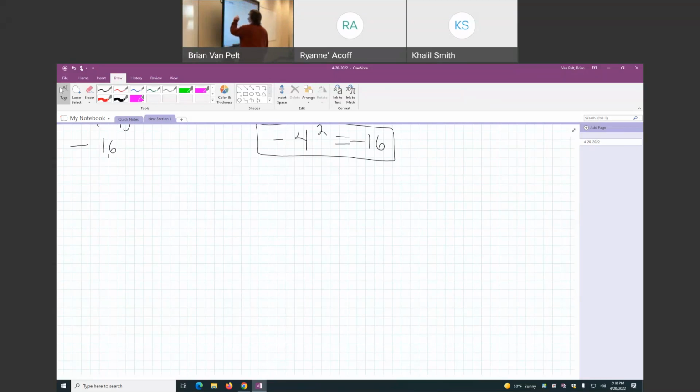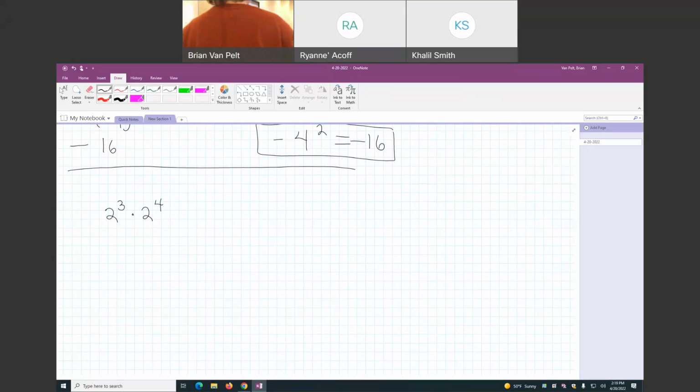All right, so now let me deal with something else. If I ask you to do 2 to the 4th, it's going to have parentheses. Yeah, of course.